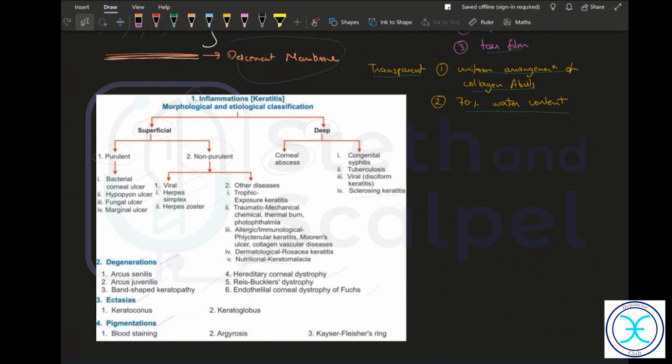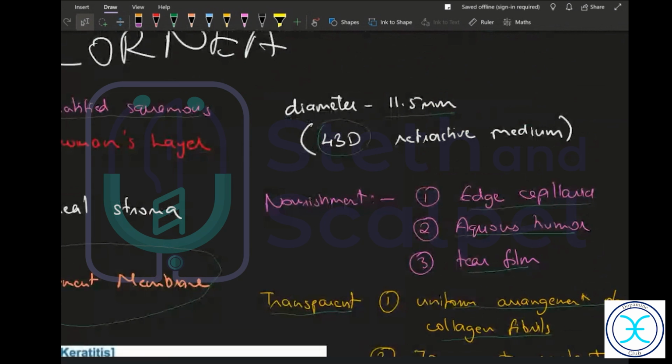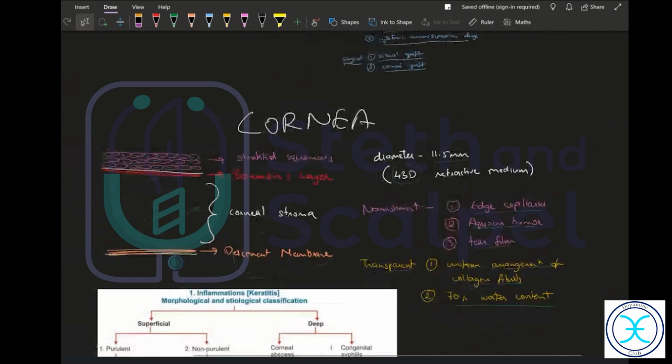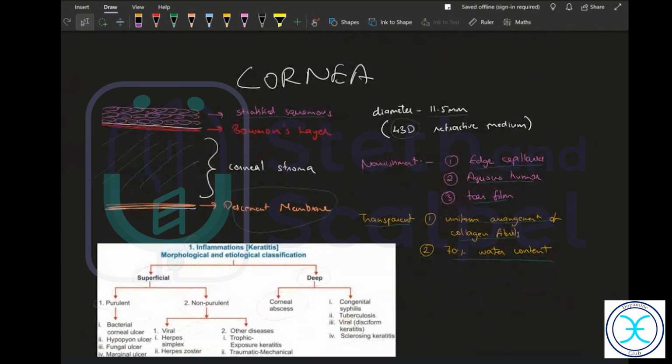So what is the main function of cornea? Vision, refraction, exactly. So it has a very strong power. It has 43 diopters of power, and it is a very good refractive medium. It helps in focusing the light. All of that it's able to do because of its transparency.